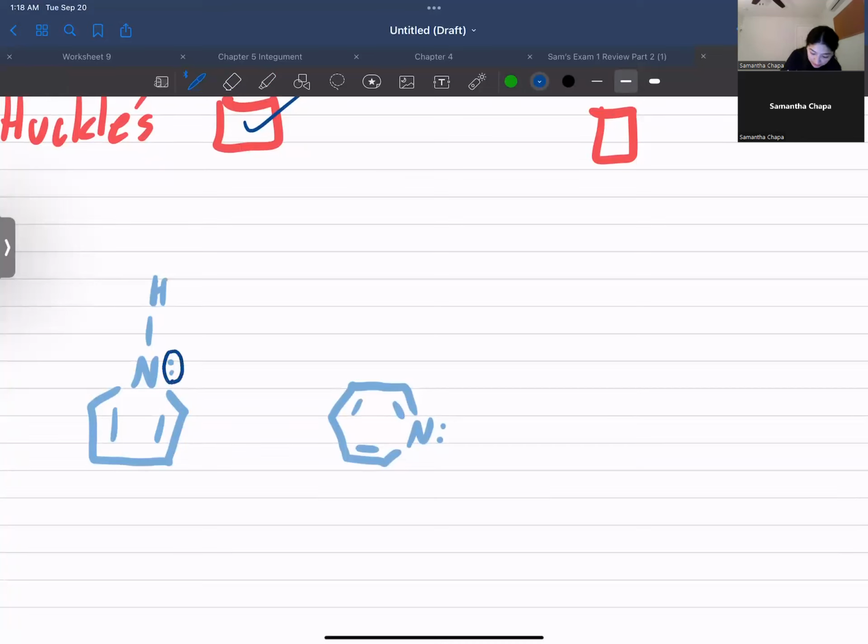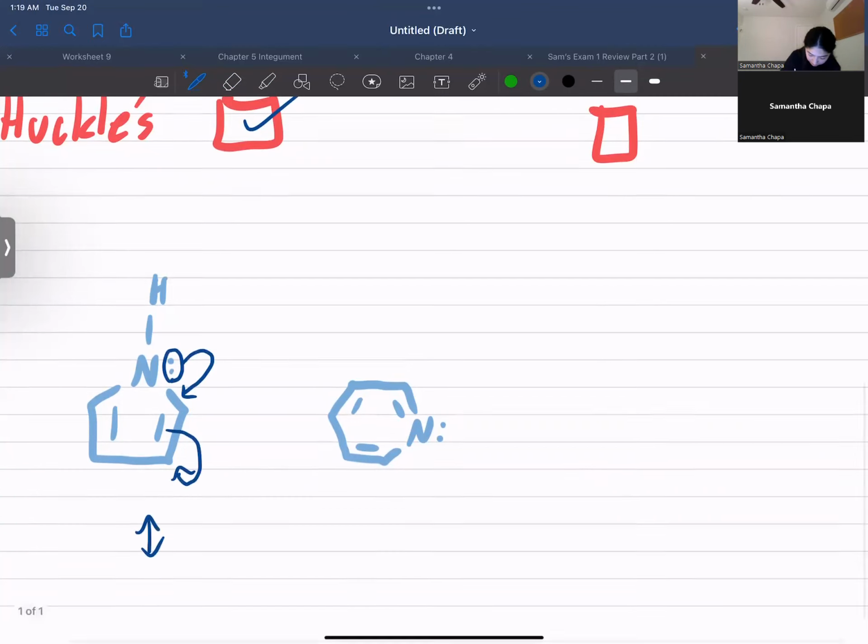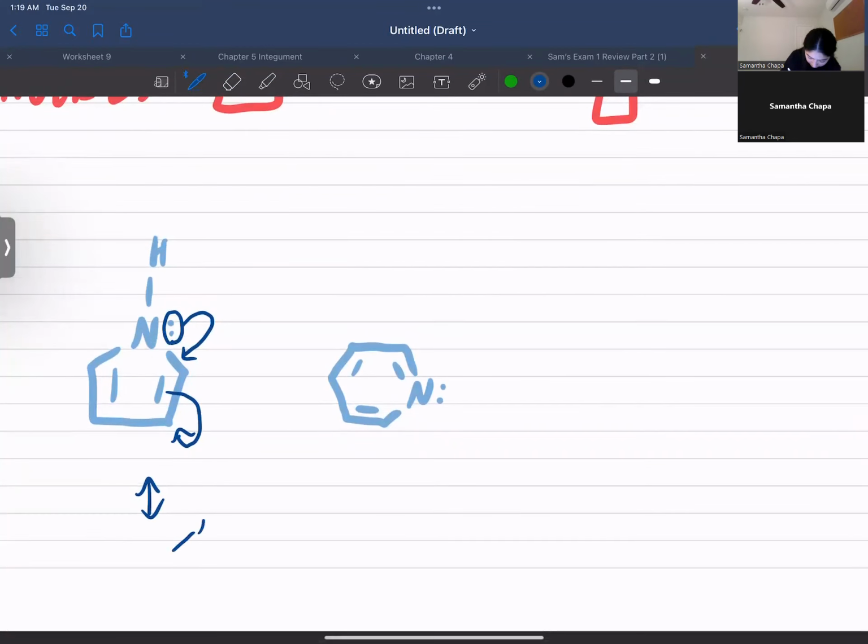These electrons right here, I am able to resonate into the cyclic molecule, and when I resonate, I'll just draw my resonance structure. Since I'm able to resonate these electrons into my molecule, that means these lone pairs are in the p orbital, meaning they're pi electrons.